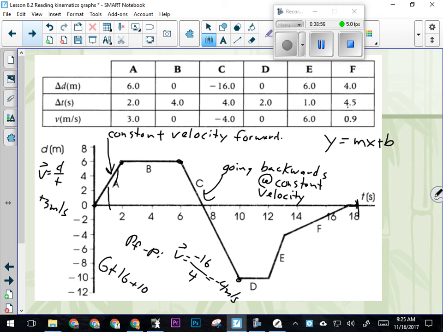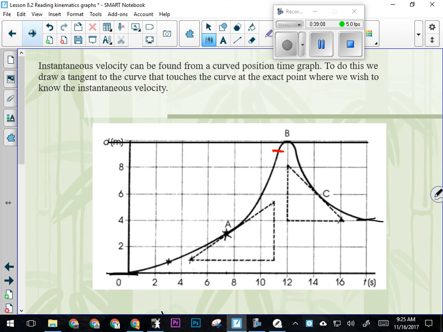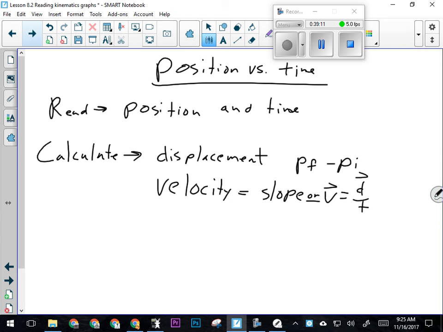No. It's not one single line. You could find the slope of various parts, but for this one you would use total displacement over total time, so final position minus initial position. It doesn't set up to find slope. But if you had a single line graph, then you would use slope. That's what you're doing when you go v equals d over t. You're finding the slope of an imaginary line on the graph that doesn't actually exist on the graph. And on that one, it's flat.